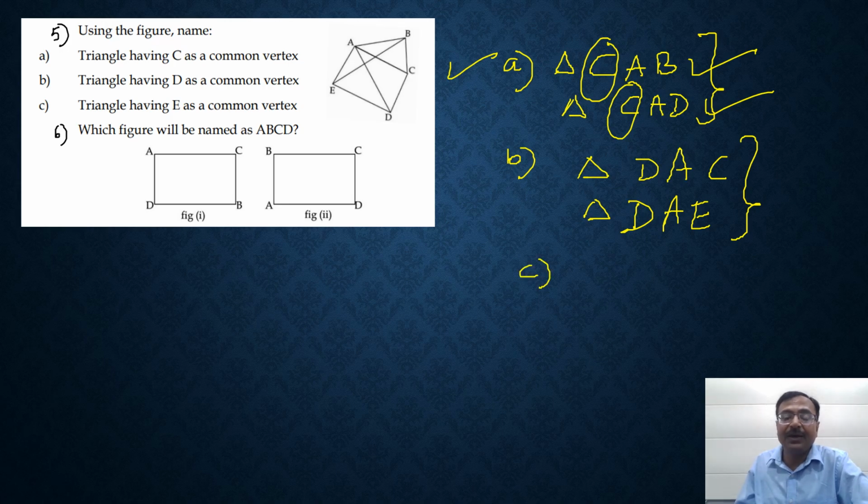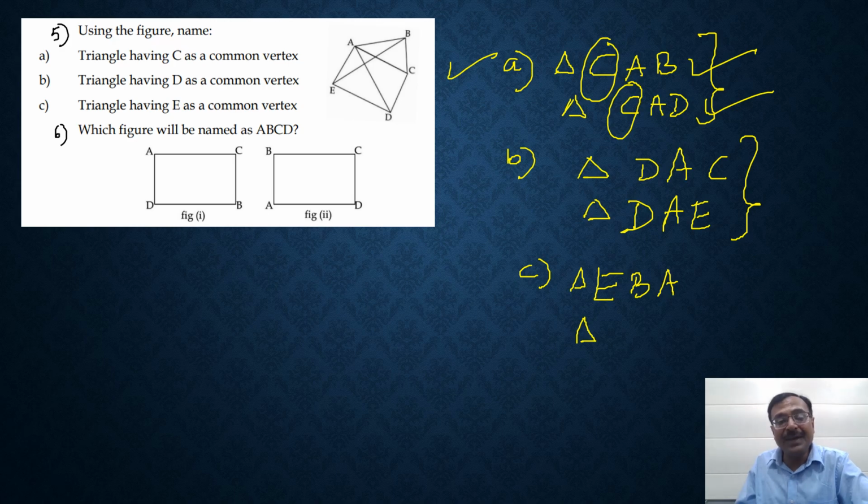And likewise, if you see the common vertex E, starting from E, EBA, that's one of the triangles. And starting from E, do we have any other triangle? If you see carefully, from E, we do not have any other triangle.